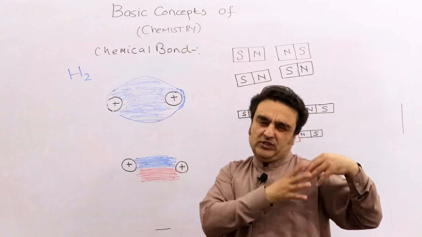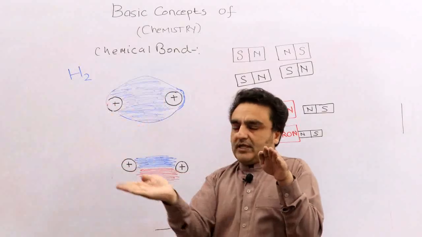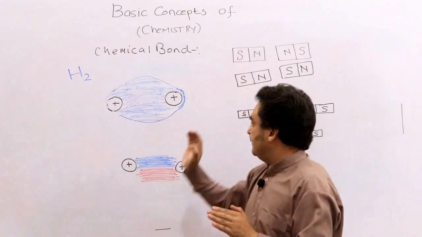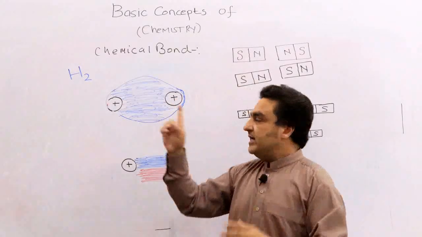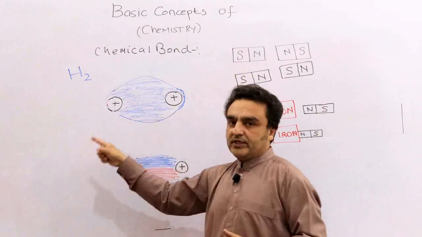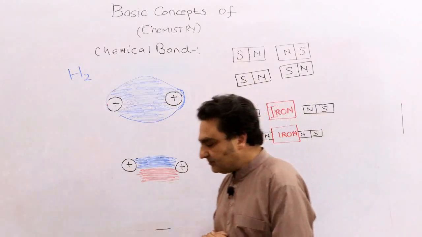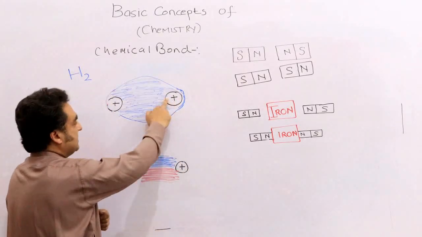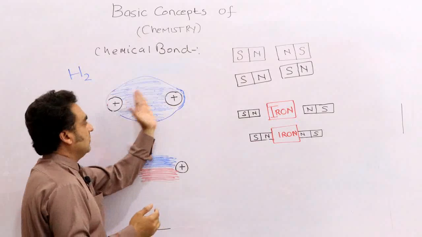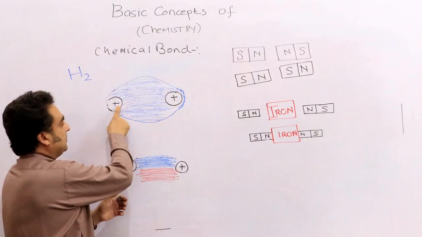How it comes, I explained a little bit: the orbital extends inward, toward the inside, and they collapse into a single orbital. Now both the electrons are moving and they have formed a cloud. But when a cloud is formed, this proton is much more attracted to the cloud, and the cloud is attracted to this electron, and again this electron is attracted to this.